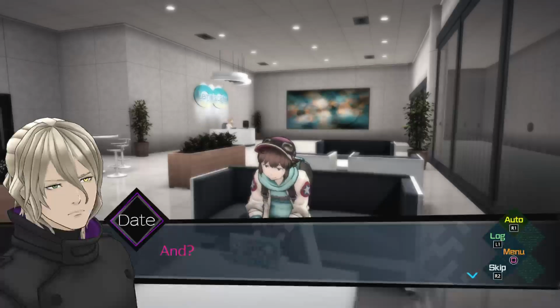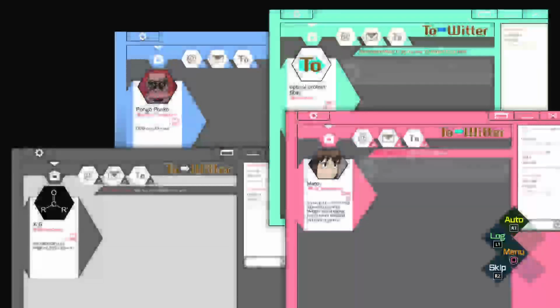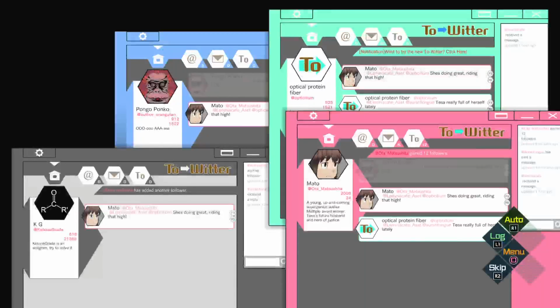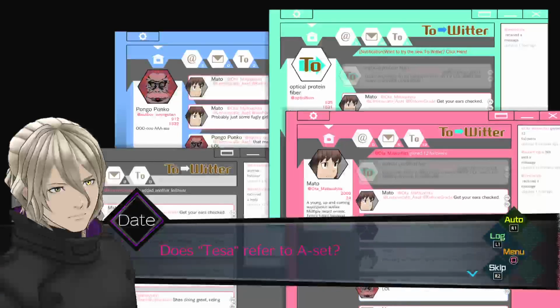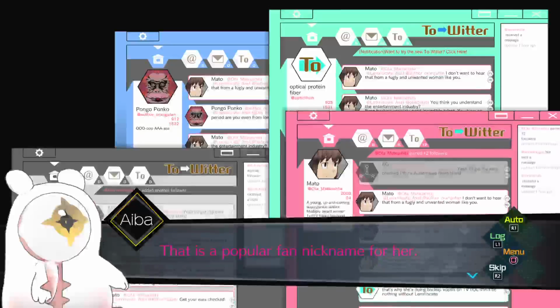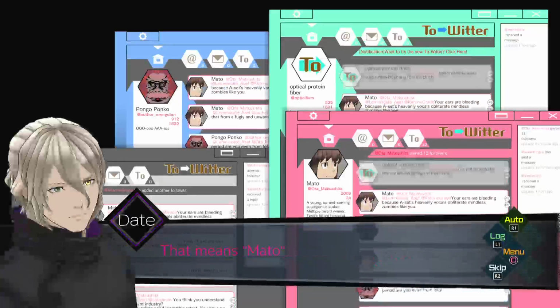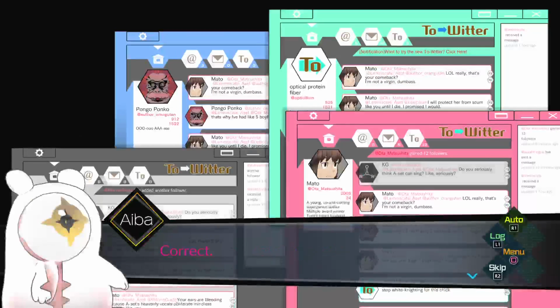And? I was curious, so I hacked into it. Does Tessa refer to Aset? That is a popular fan nickname for her. That means Mato has to be Ota. Correct.